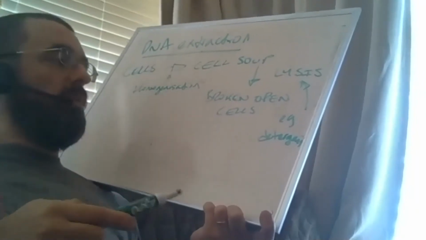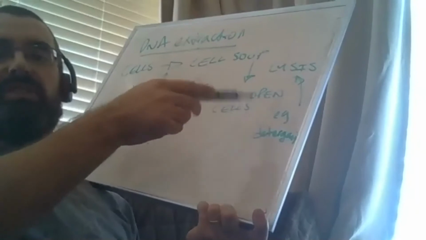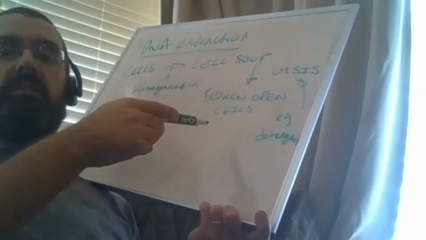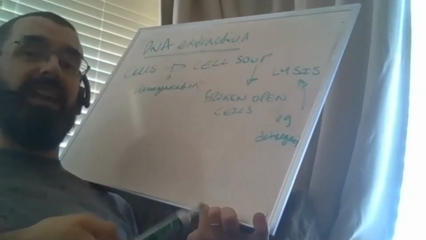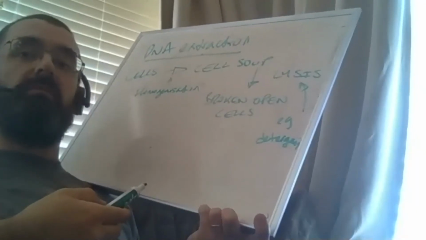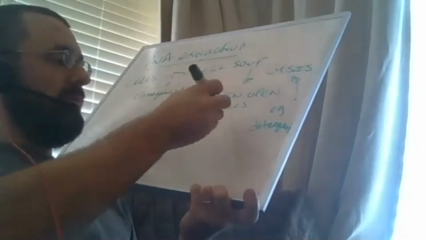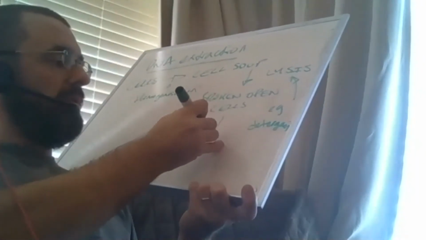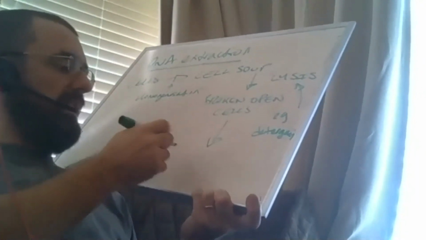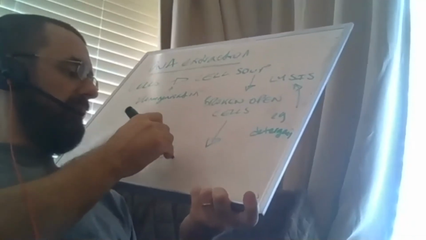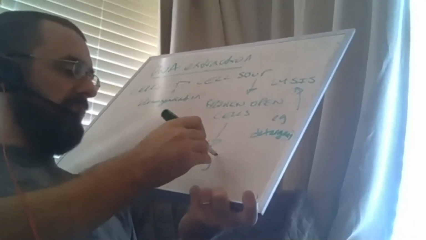And so we need to start getting rid of stuff in here before we can even think about getting our DNA out of that mess, right? I'm just going to call it DNA and junk, right?